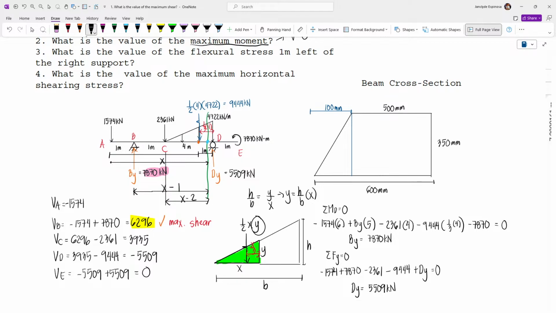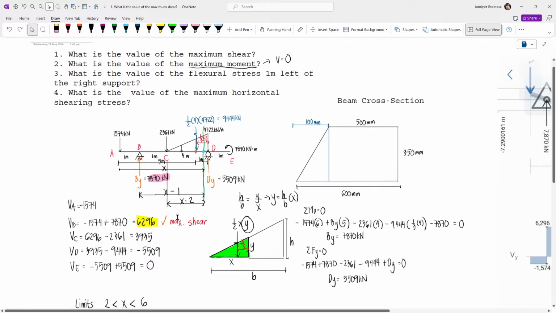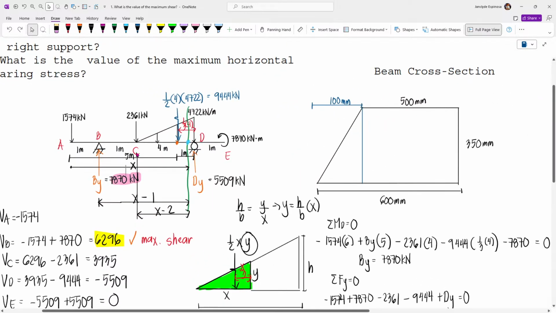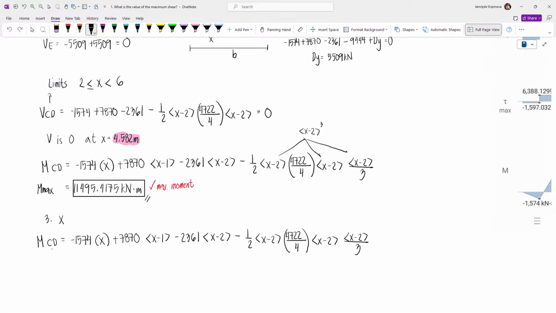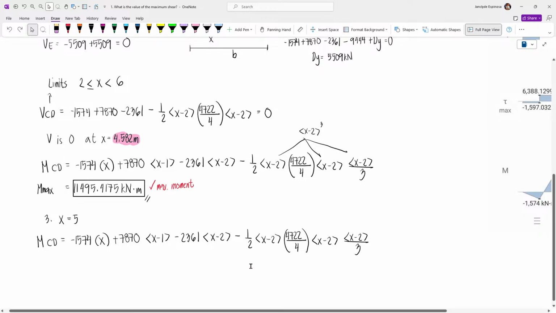It's 6 meters minus 1 meter, so this point is 5 meters from the left end. Since 5 meters is between C and D, the moment equation for CD applies. So at x equals 5.